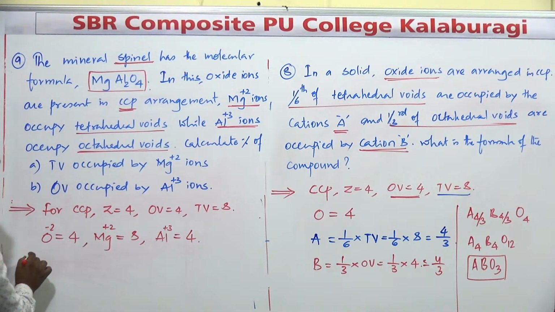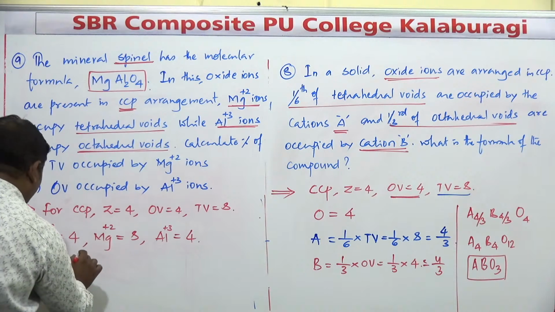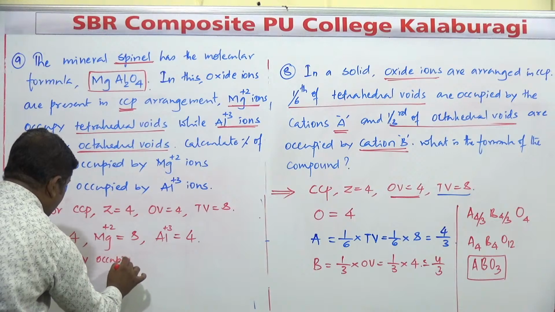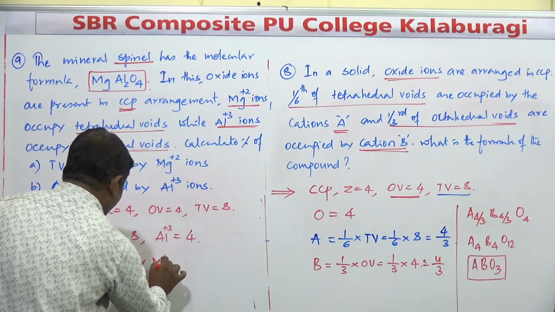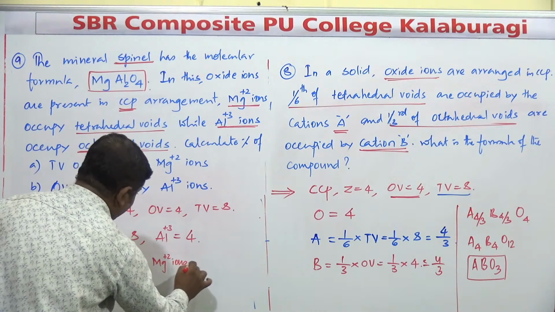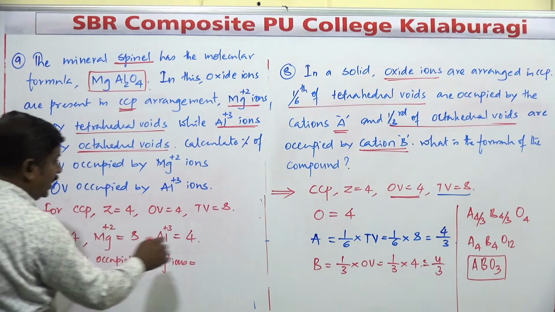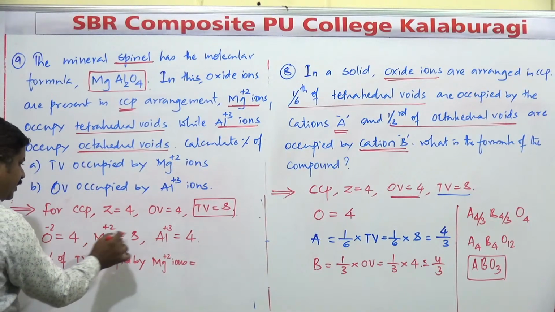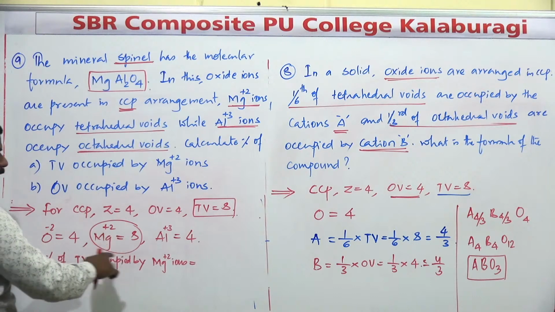So first one, the percentage of tetrahedral void occupied by which one? Mg plus 2. According to this formula, the total number of tetrahedral voids is equivalent to 8. Mg plus 2 is going to be occupying those 8 tetrahedral voids.